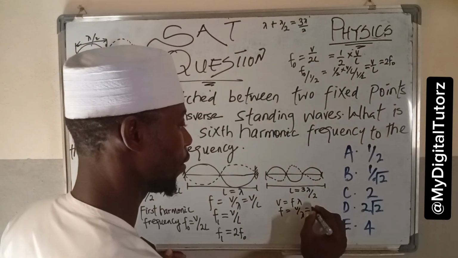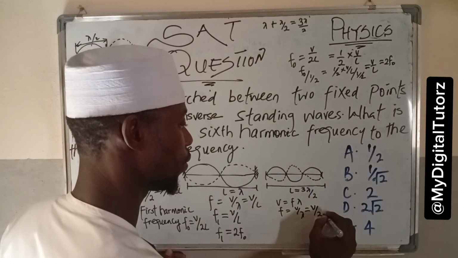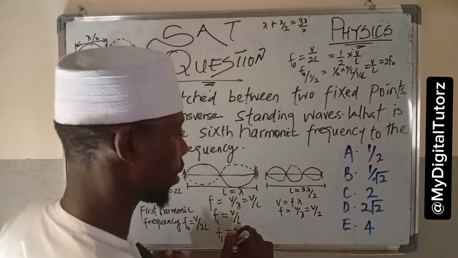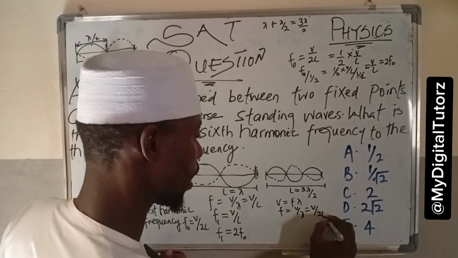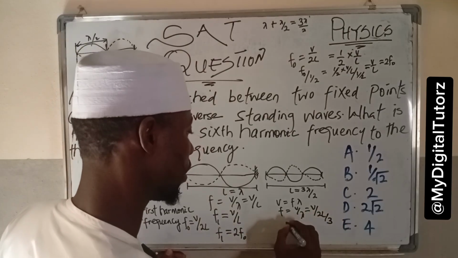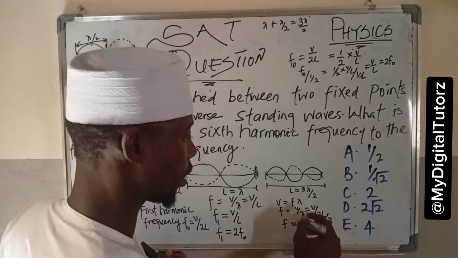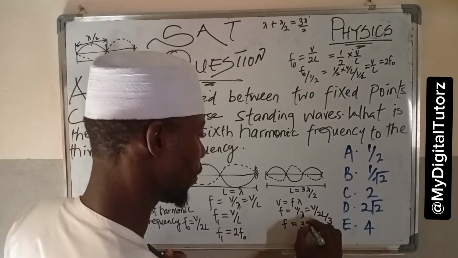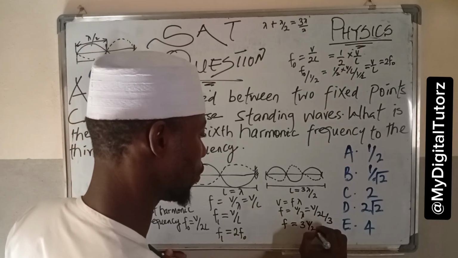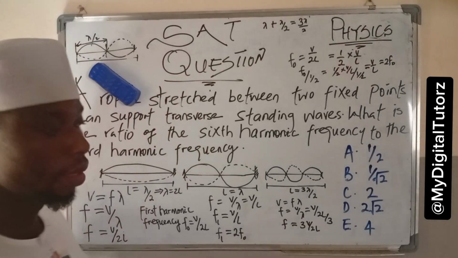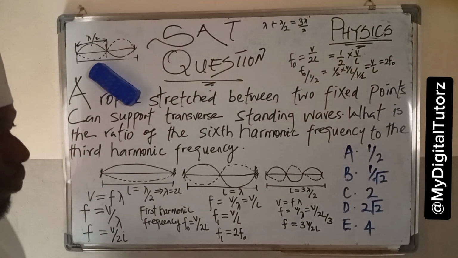So I'm going to have V all over 2L over 3, so that my F will be equal to, when I reciprocate, 3V over 2L. Are we together?